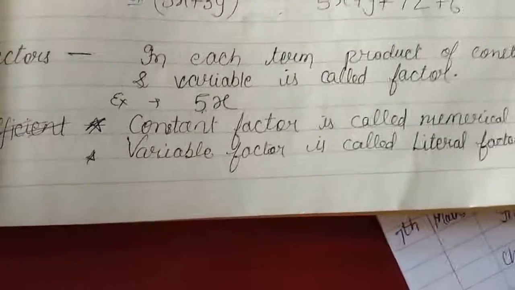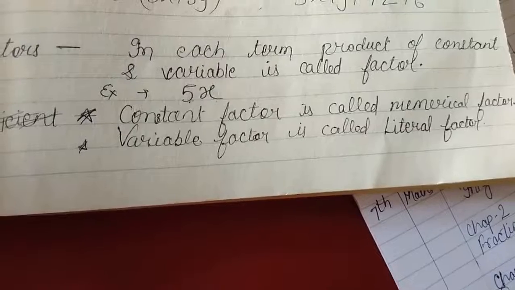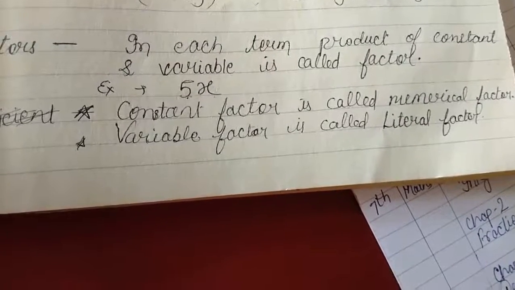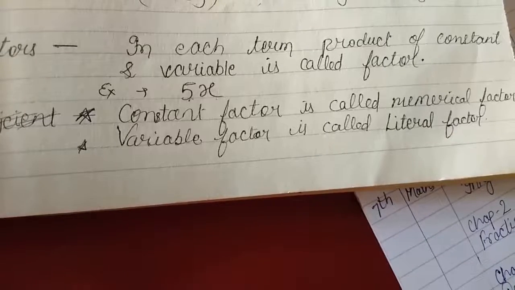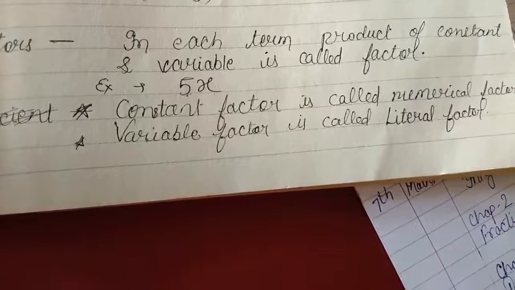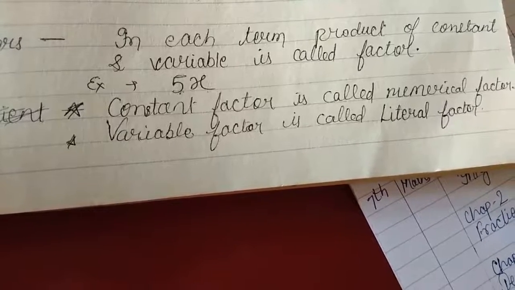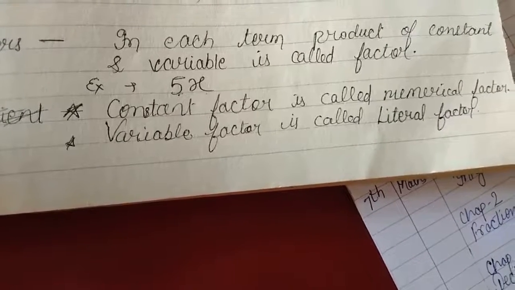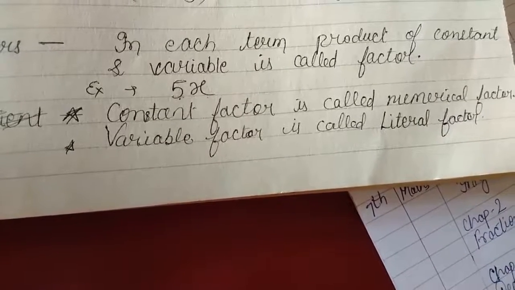And this multiplication should be within only one term. That means factors are in terms, not in the whole expression. In any term, variables and constants that are separated by multiplication are called factors.